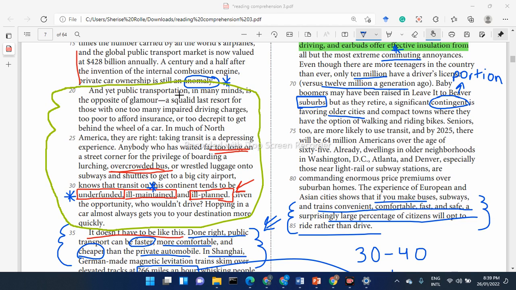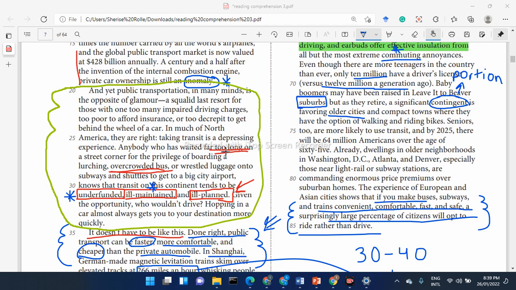So it says, "And yet public transportation in many minds is the opposite of glamour, a squalid last resort for those with too many impaired driving charges, too poor to afford insurance, or too decrepit to get behind the wheel. In much of North America, they are right. Taking transit is a depressing experience.